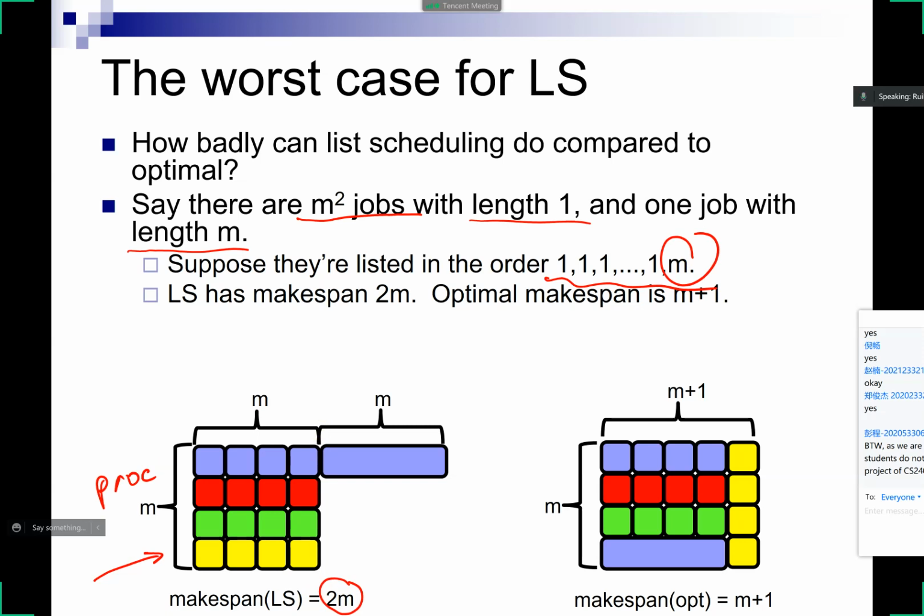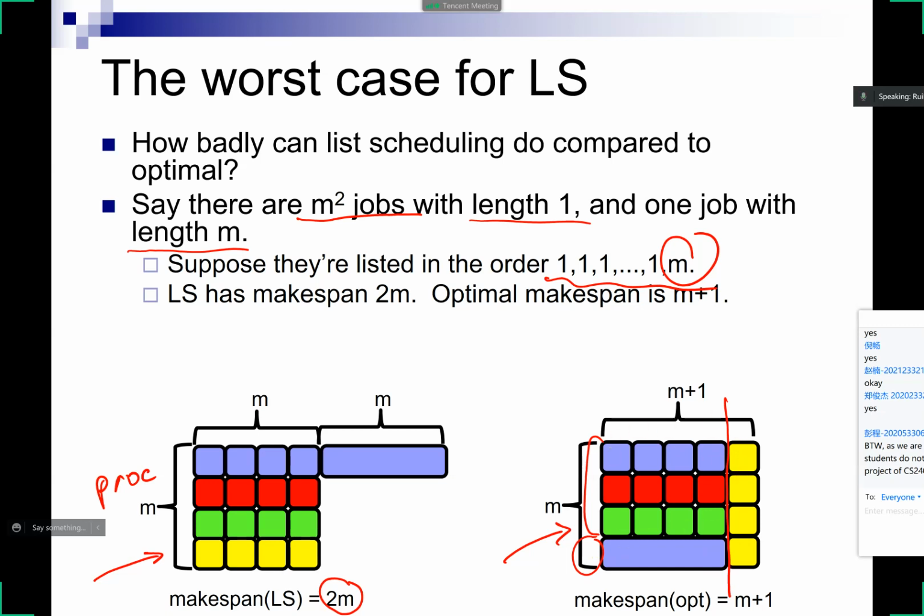And on the other hand, the optimal makespan, the best way to do this, would actually be that you just take m minus 1 of these processors and you have them do the small jobs. And then for the final processor, you just give it that big job right at the beginning. If you do this, then at time m you're done with almost all of the small jobs.